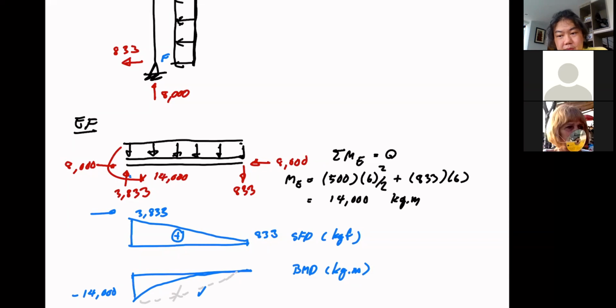The rate of change in slope is decreasing. Oh, that's very good of you. Yeah, because if you look at the shear force diagram, it keeps going down. So eventually this one will bring you down to the negative value. If your bending moment diagram is going with a gray line, it keeps increasing.